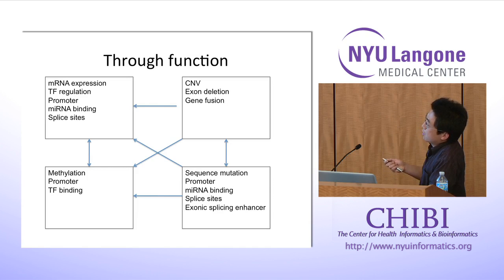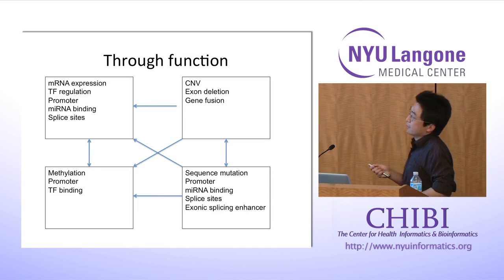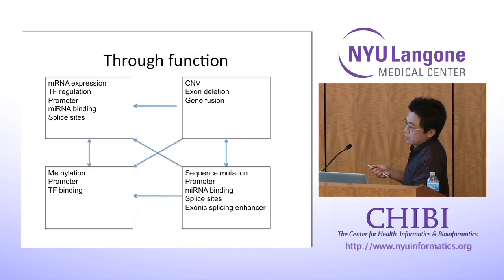And for copy number data, through the copy number analysis, you will have an idea of gene fusion, exon deletion, promoter deletion, 3' UTR disruption. So all this information you can link to the expression of individual genes through the analysis of their functional elements, through their internal regulation and relationships. And similarly for methylation.